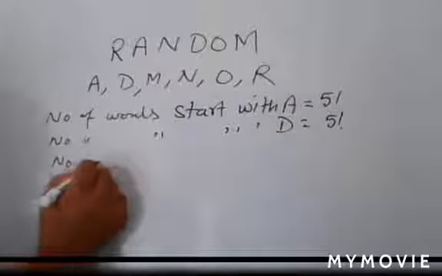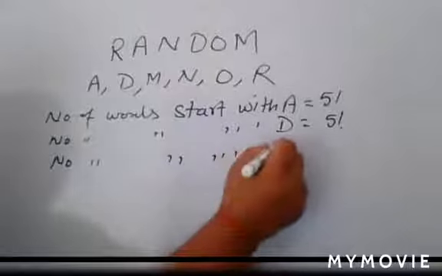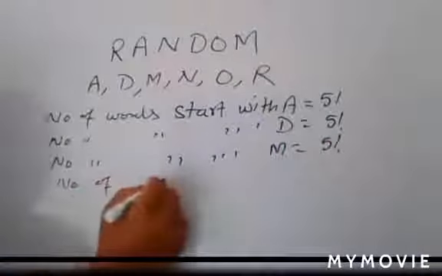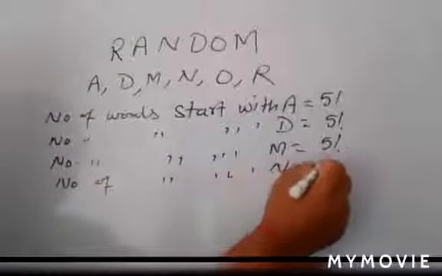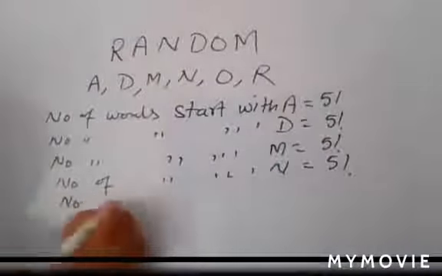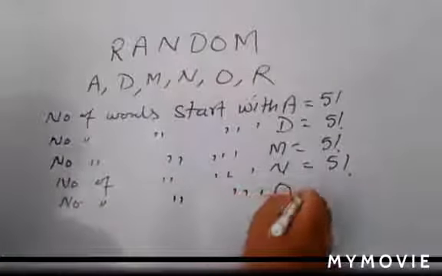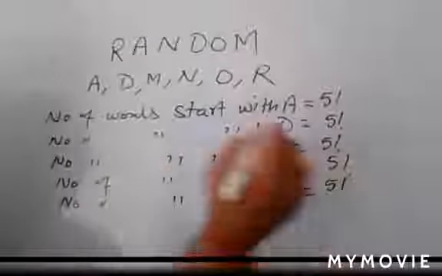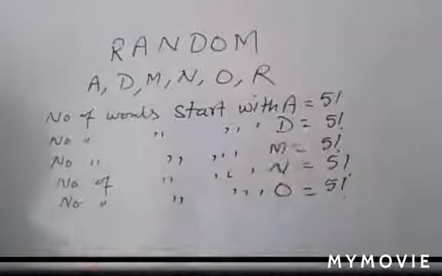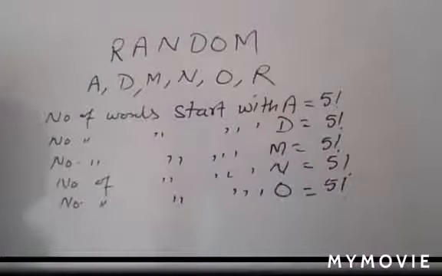The number of words that start with M is factorial 5, with N factorial 5, and with O also factorial 5. So how many factorial 5s are there? 5 into factorial 5, which you can count very easily.